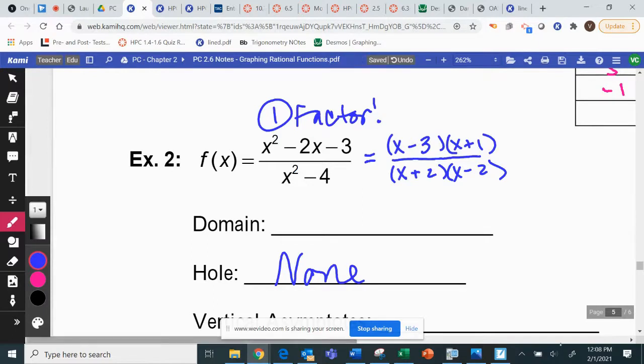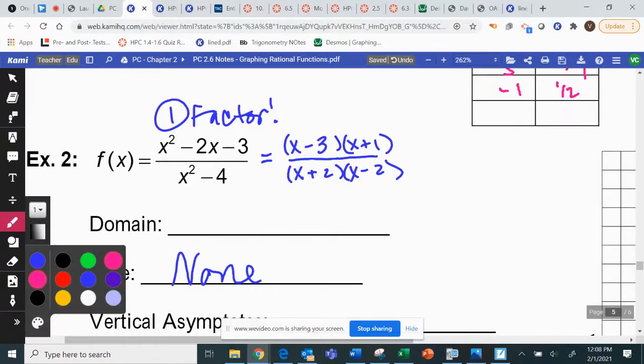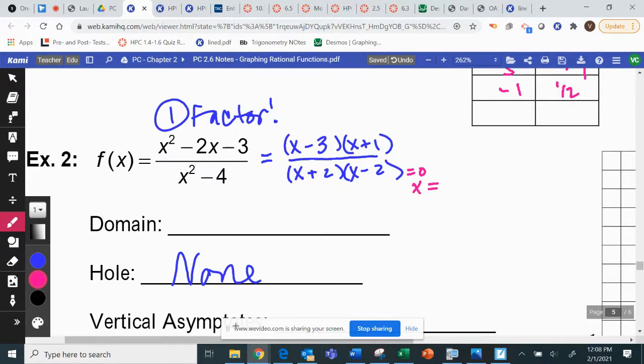Domain, that has to do with the denominator. So since it is in factored form, we're going to set the denominator equal to 0. And since it's in factored form, this is pretty easy for me to find vertical asymptotes and what is not in the domain. At x equals -2 and at x equals +2, we'll have 2 vertical asymptotes.